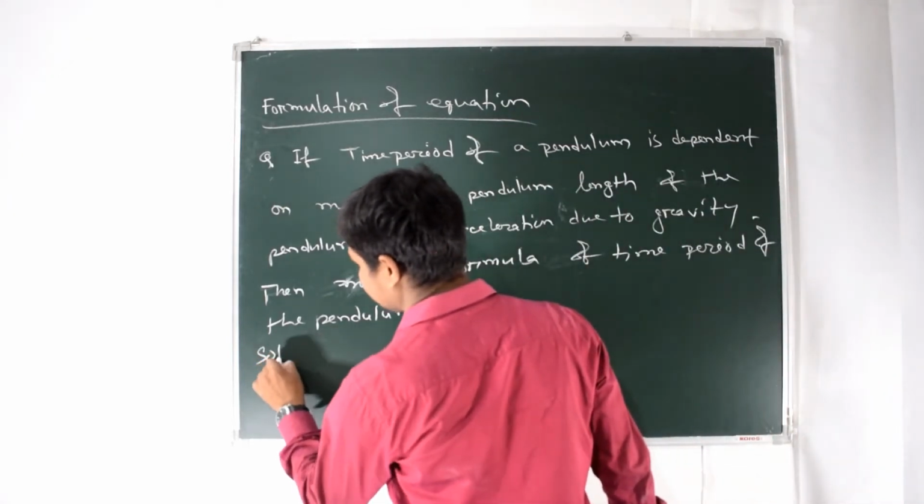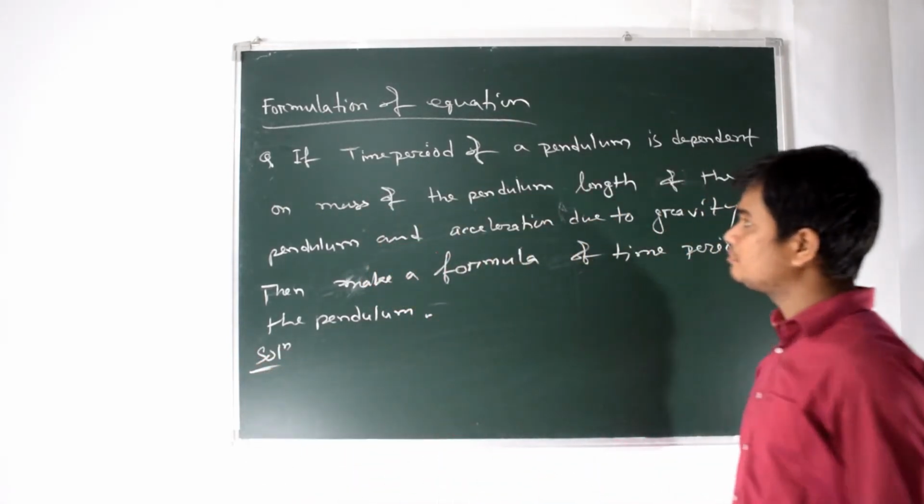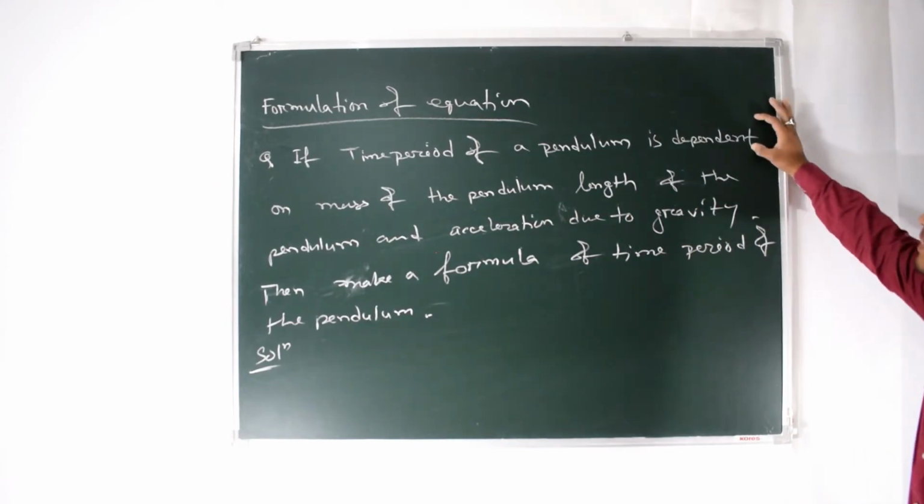Solution. Here, the time period of the pendulum is dependent on the mass of the pendulum, the length of the pendulum, and the acceleration due to gravity. Then make a formula for the time period of the pendulum. Clear?